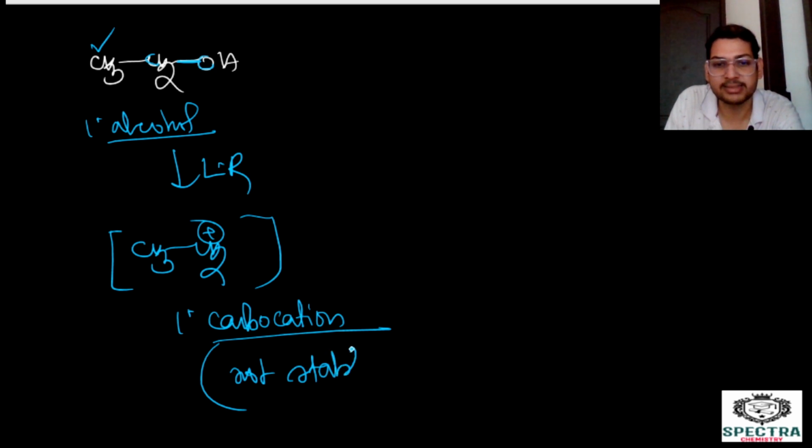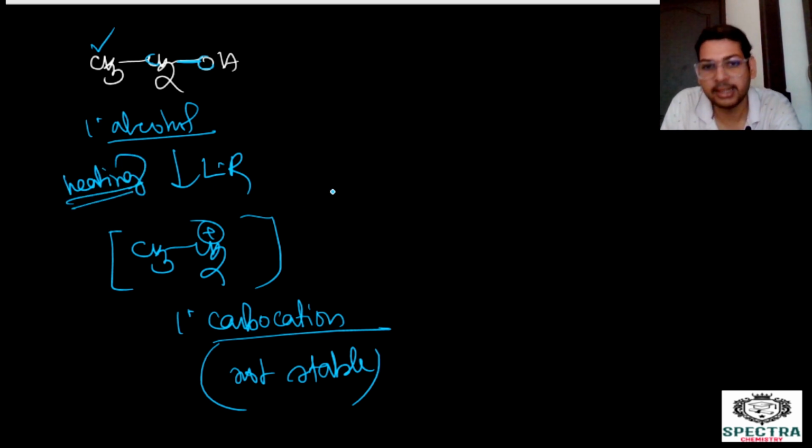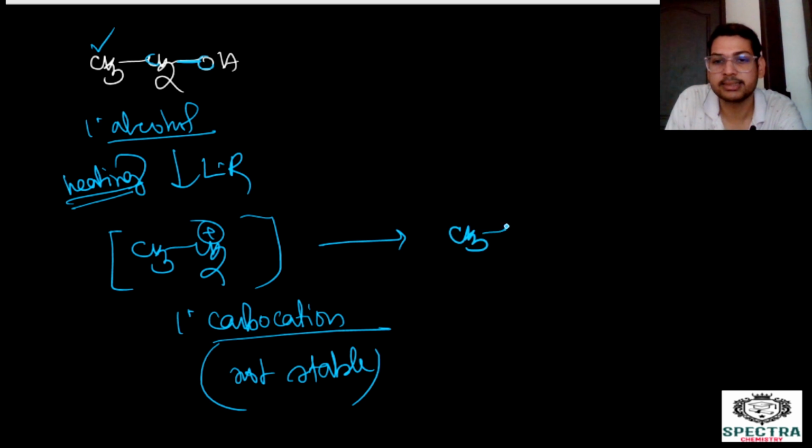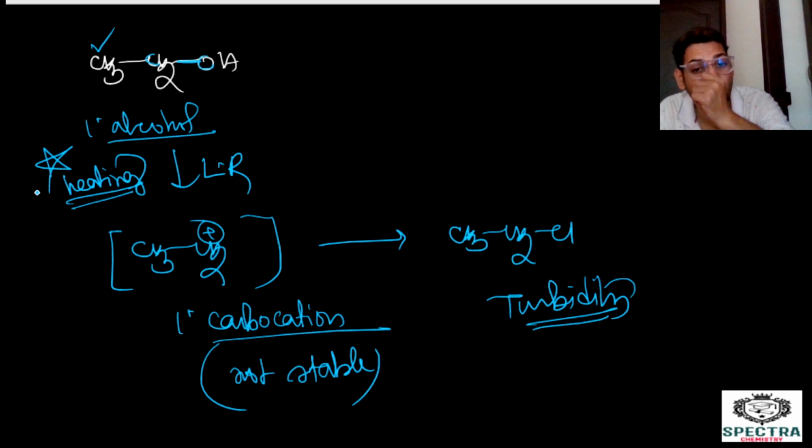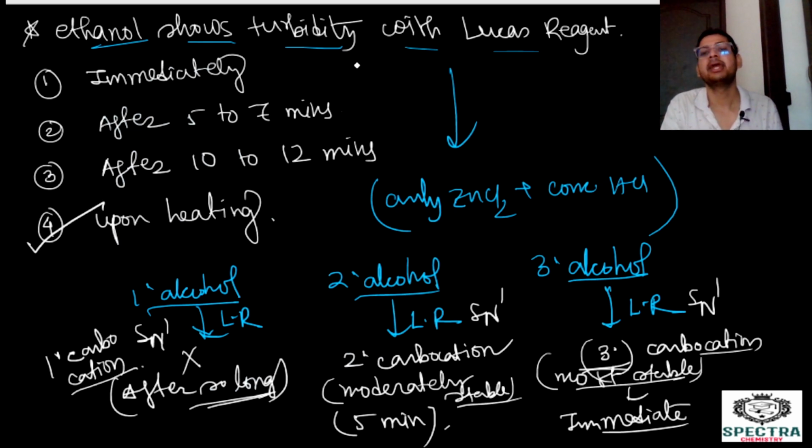So this reaction is not possible unless you do heating. Then ultimately you will get CH3CH2Cl, and you can generate turbidity. But it will not go by its own, because 1-degree carbocation is not so stable. You have to use external force, meaning heating. So your answer will be: upon heating it can show turbidity, otherwise not.